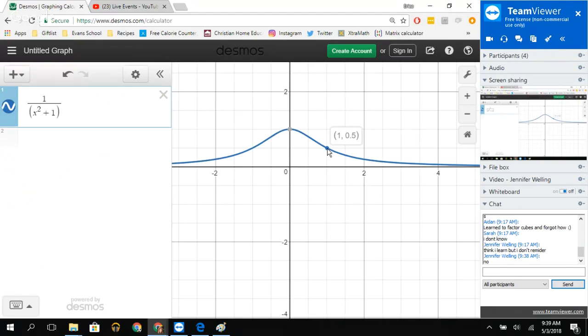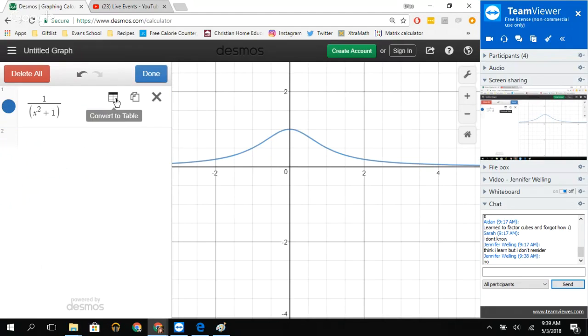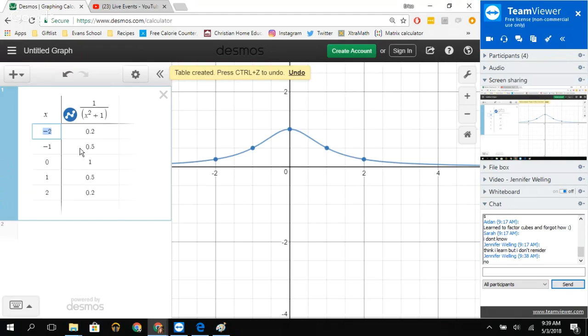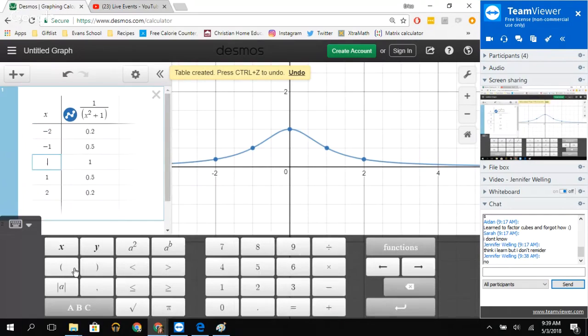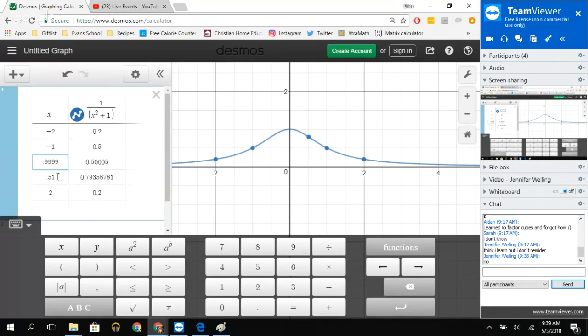So kind of anticlimactic. If I just looked at this as it approaches from the left, what is it? Sorry, I'm thinking in my brain what the limit is. 0.999 and 1.001. You can see that my limit is 1/2 or 0.5.